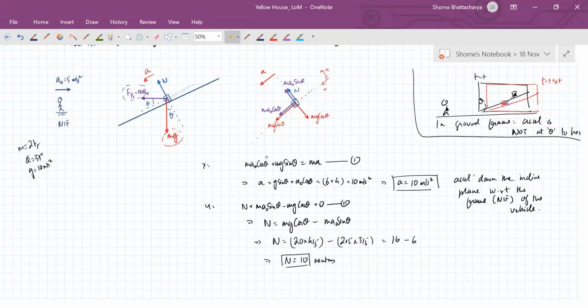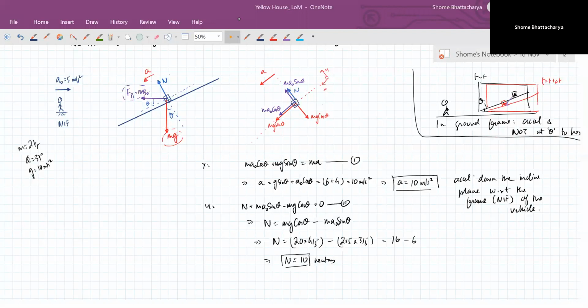So we have to do that with the correct adjustment, which is incorporating pseudo force into our free body diagram.